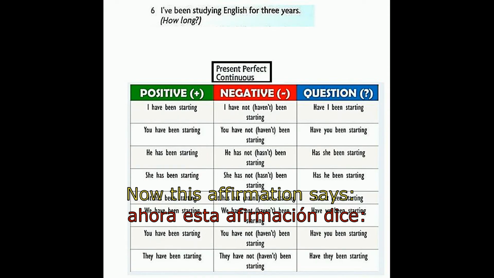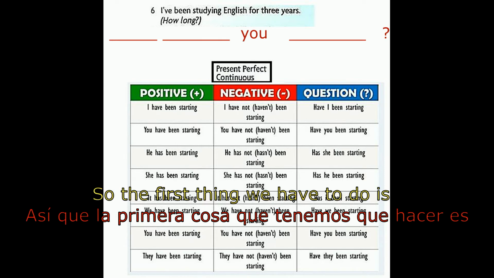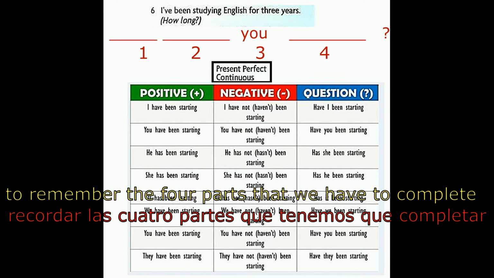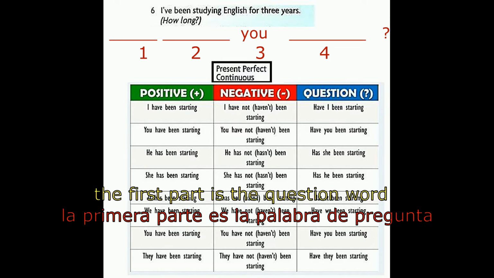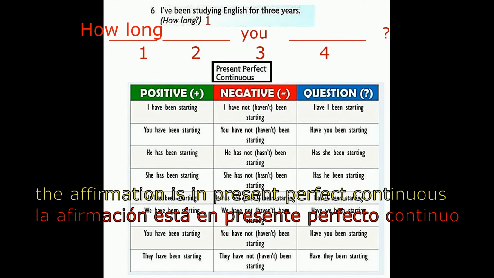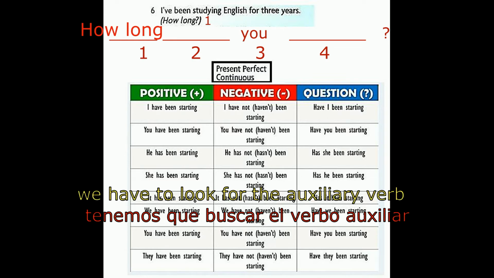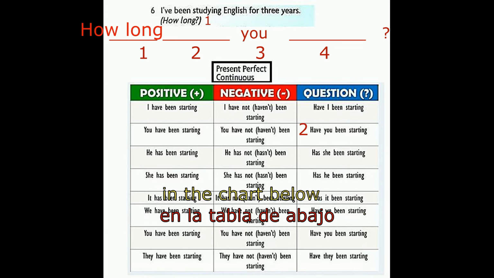Now this affirmation says, I've been studying English for 3 years. So the first thing we have to do is to remember the 4 parts that we have to complete. The first part is the question word, so you have to write in your copybook how long. The affirmation is in present perfect continuous. To formulate a question, we have to look for the auxiliary verb in the chart below.